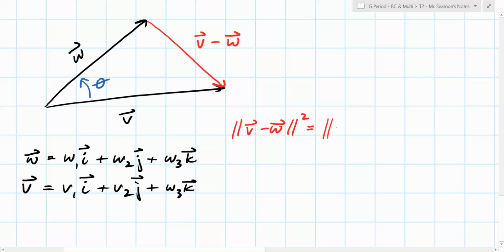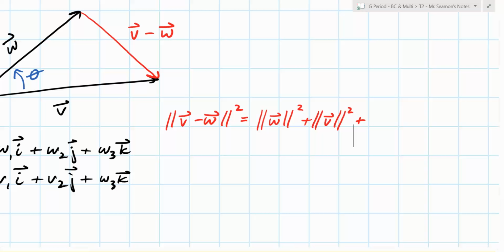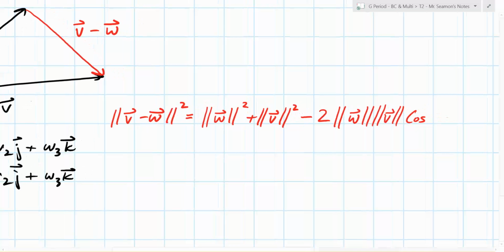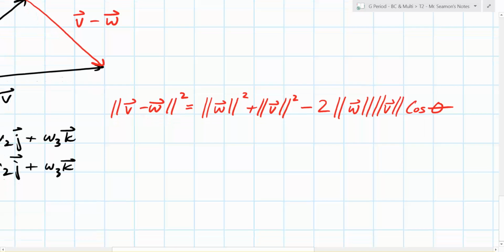What about them? Yeah, the magnitude of them, right? They're adding them together, I think, right? Is it plus or minus? Minus. It is definitely minus. Good. Theta. Nice, exactly. Very nice.